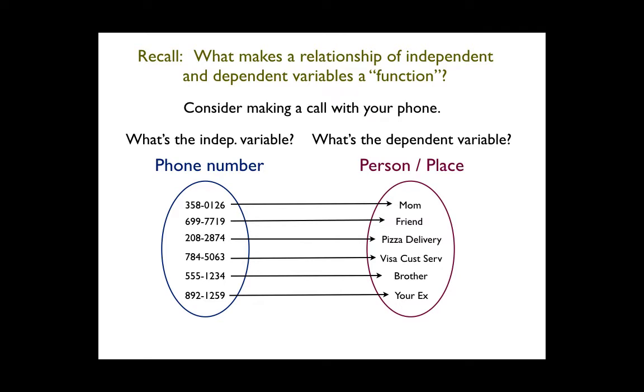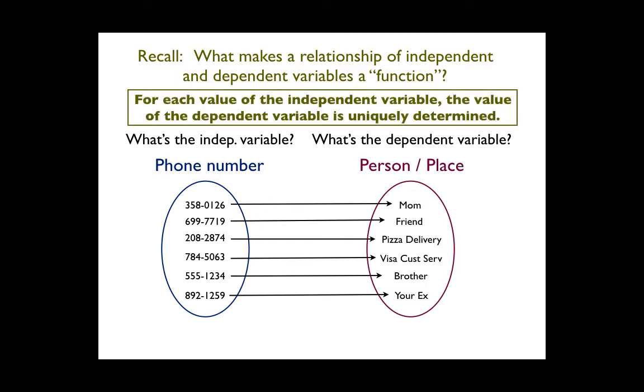It doesn't necessarily tell you who at Visa customer service you get, but it tells you who should be on the other end, generally speaking. So for each value of the independent variable, the value of the dependent variable is uniquely determined. Uniquely determined just means that there's going to be one and only one dependent variable value based on having any value of the independent variable that fits in the domain.